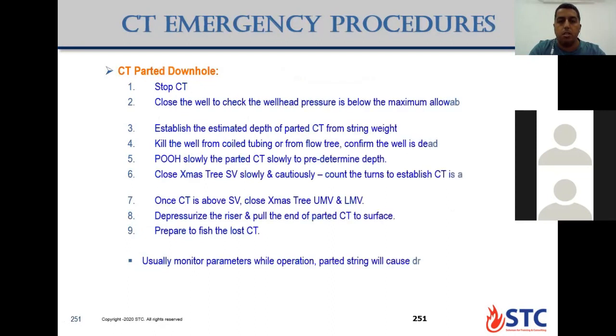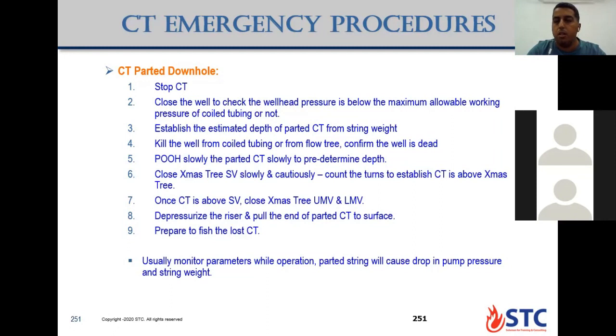I think this is the last coil tubing emergency procedure: coil tubing parted downhole. You have a cut in the coil tubing above the bottom hole assembly. So in this case, you lose your check valve, which is a primary internal barrier. In this case, how do you know that the coil tubing is parted?